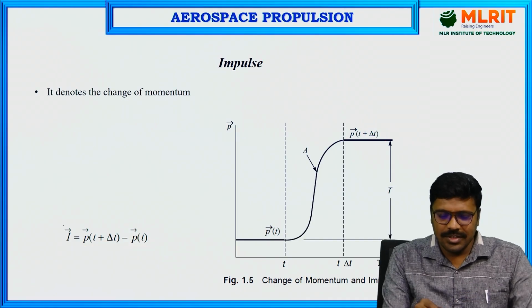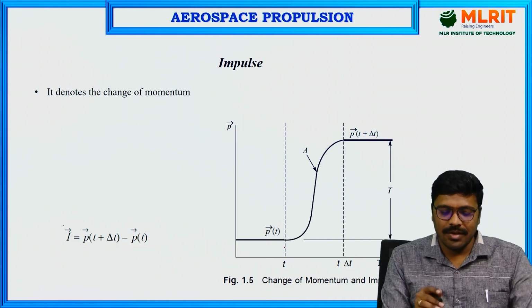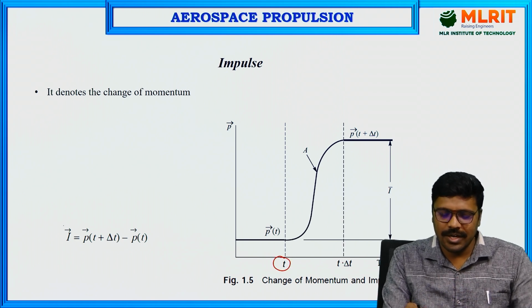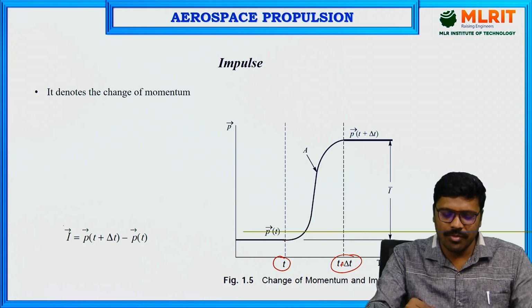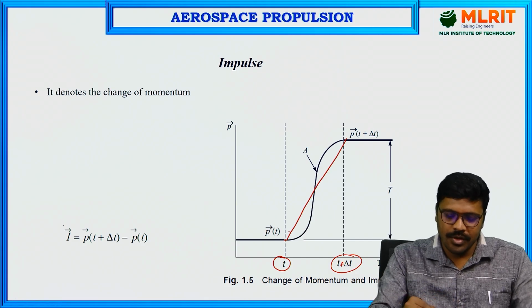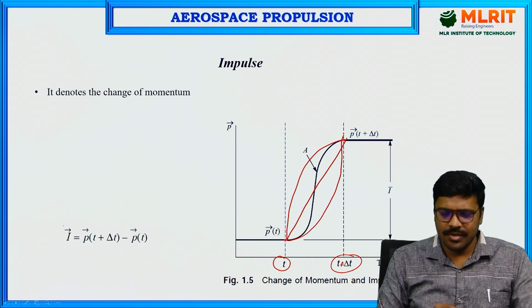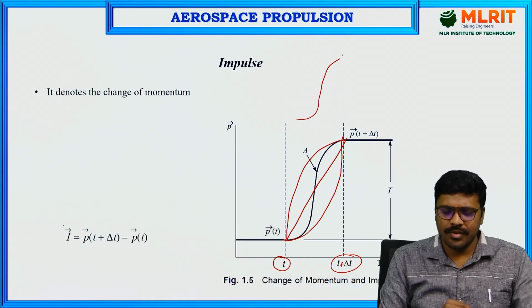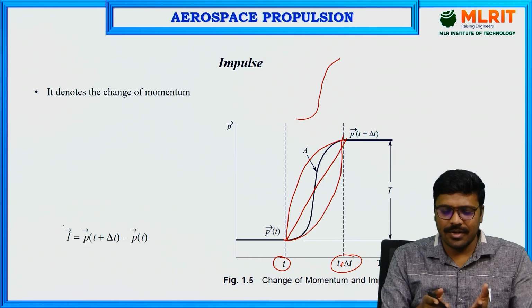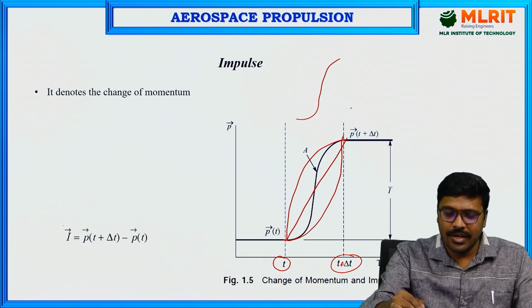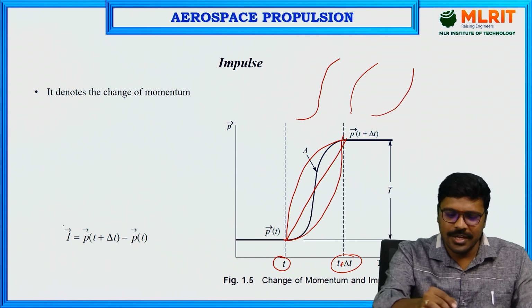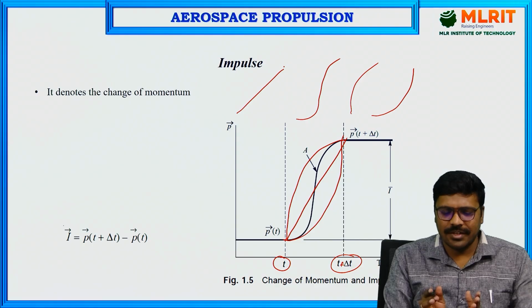But if you observe how the momentum changes from time t to t plus delta t, it is not actually linear. The momentum can change like this, and it can also increase like a curve. Whatever the manner, it doesn't matter.